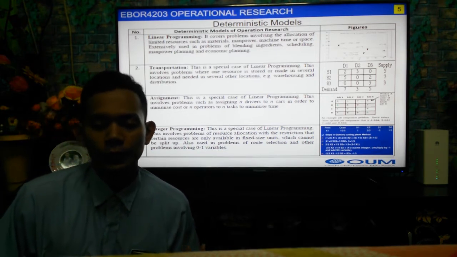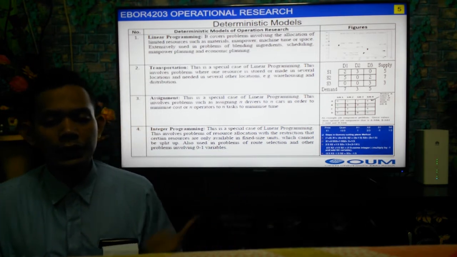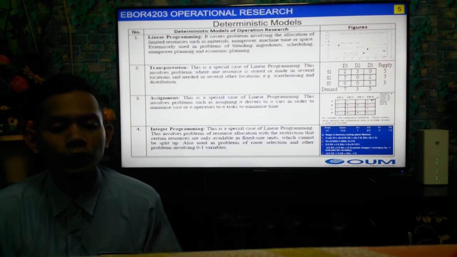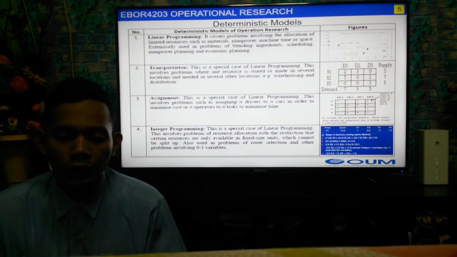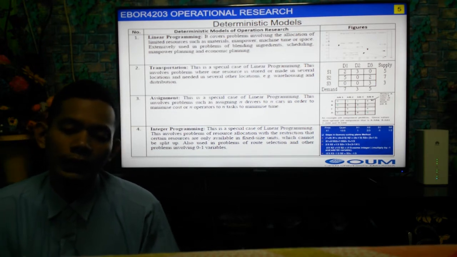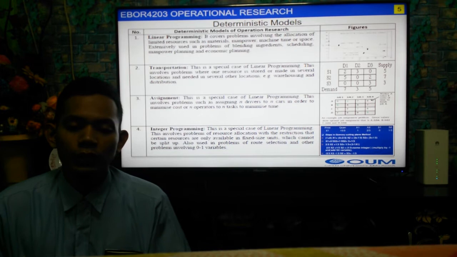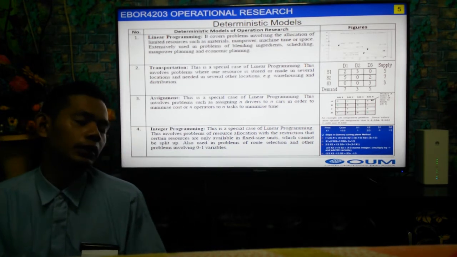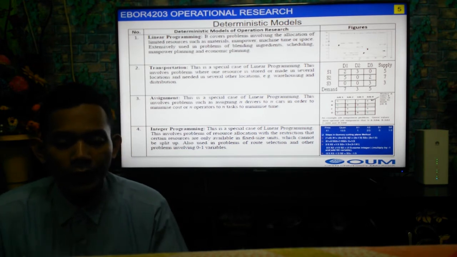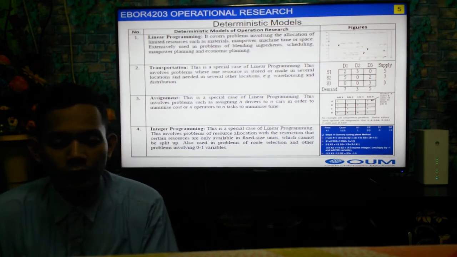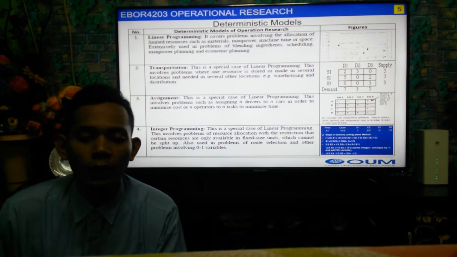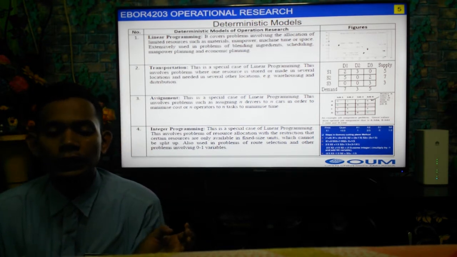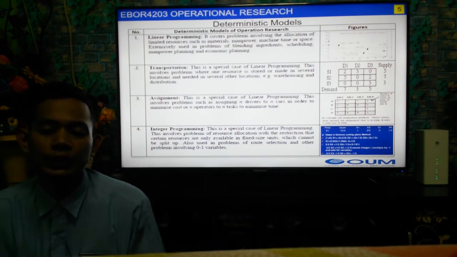An example of a deterministic model is linear programming, covering problems involving allocation of limited resources such as material, manpower, machine, time or space. The second example is transportation, a special case of linear programming, involving resources stored or made in several locations and needed in other locations, for example warehouses and distribution centers.